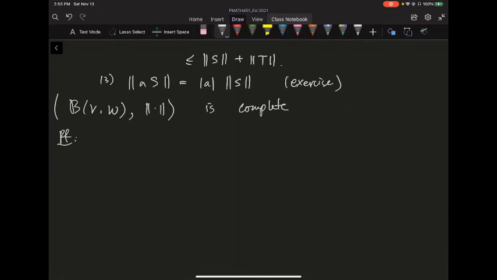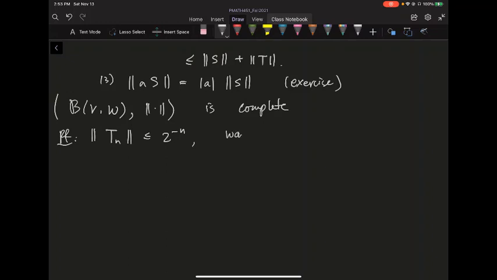If you recall what happens when we prove L1 is complete, for example, first of all we need to define a pointwise limit. The starting point, because we're in a vector space, is that we can always start with some operators Tn where the norm is less than or equal to 2 to the negative n.